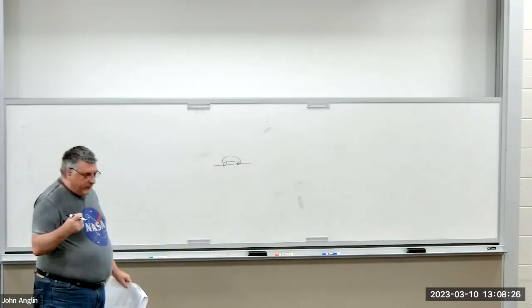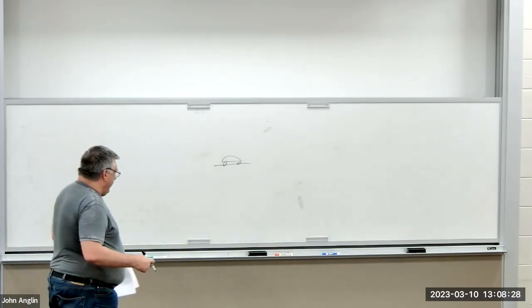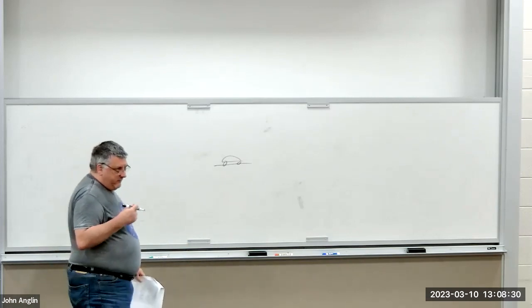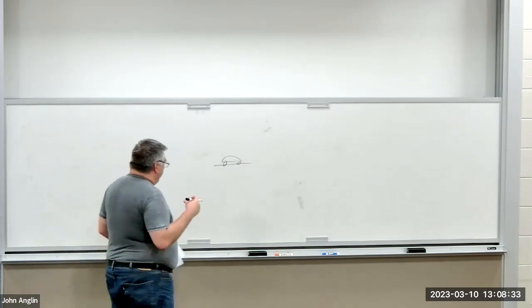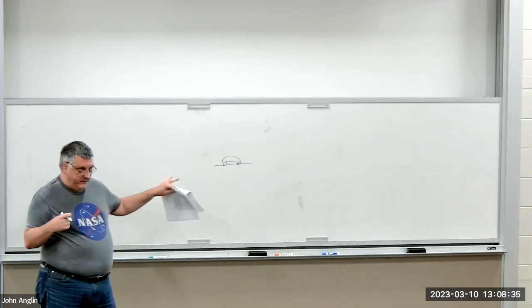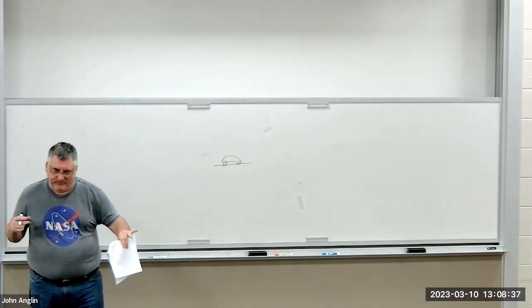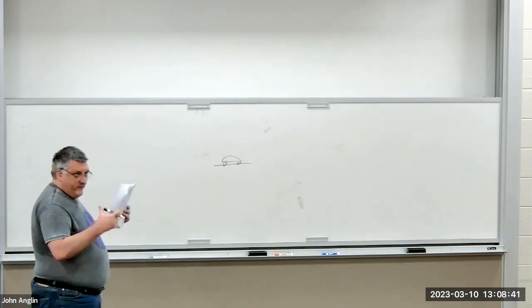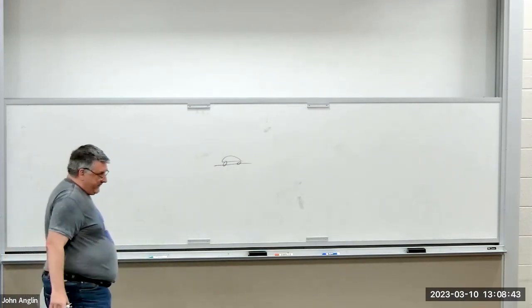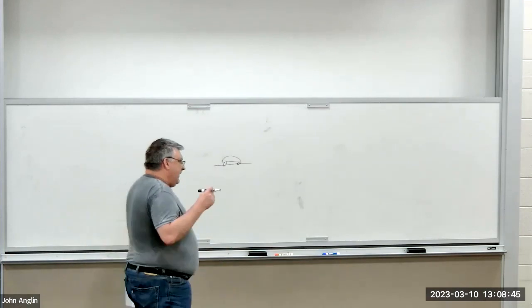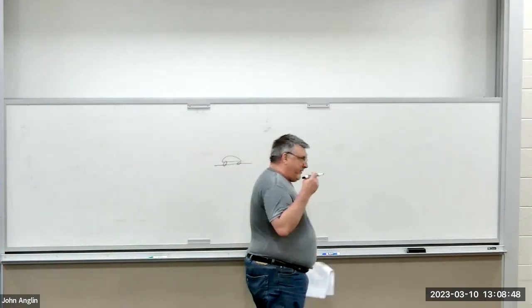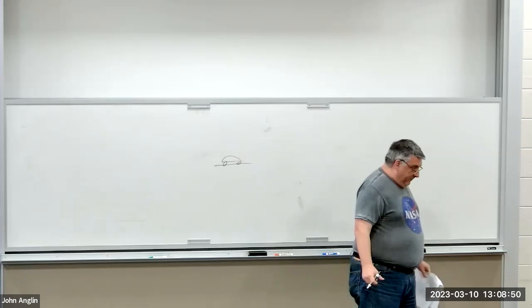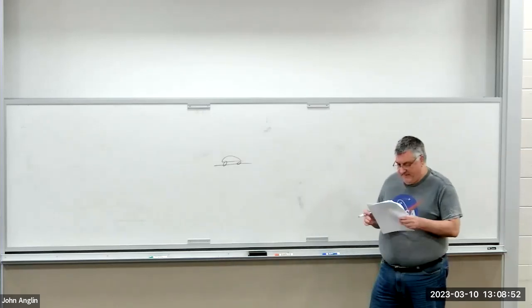Now, we already know from our previous work that we can pretty easily figure out the forces that are involved here. Since the vehicle is in equilibrium, meaning all forces acting are zero, Newton's second law says the sum of all forces has to be the mass times the acceleration. If there is no acceleration in any direction, the sum of those forces has to be zero. So we know this thing is stationary.